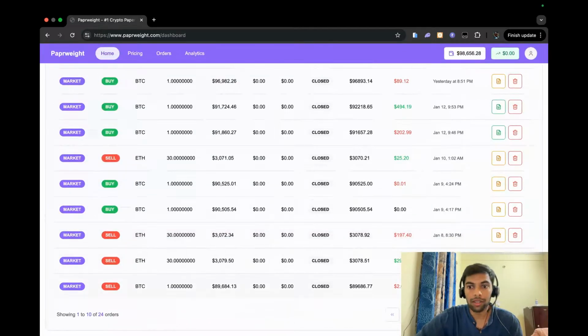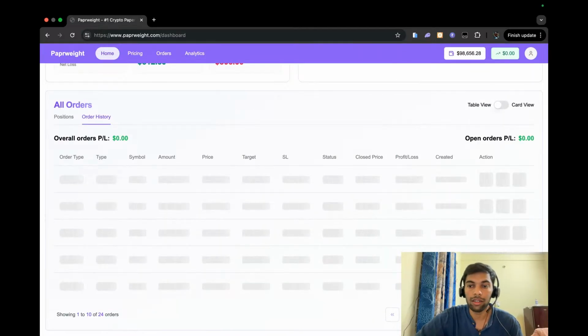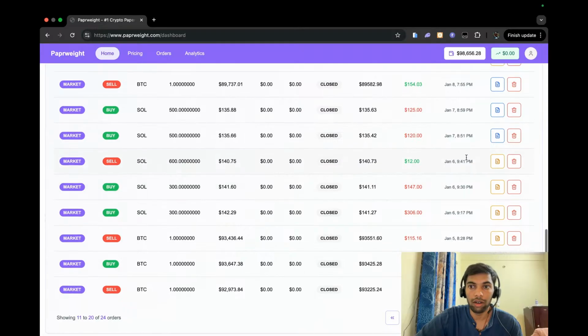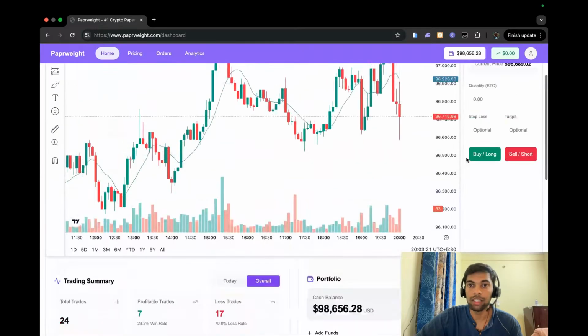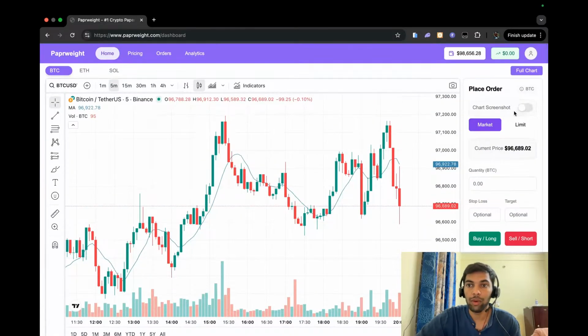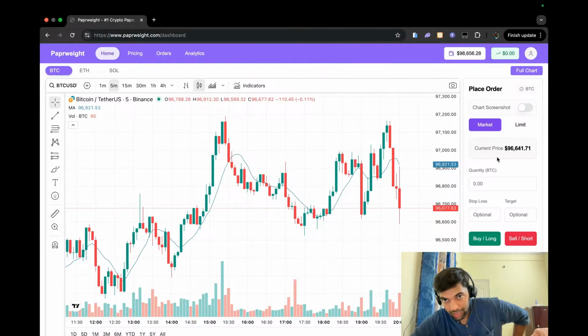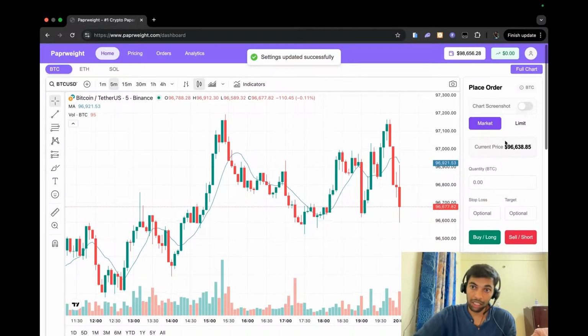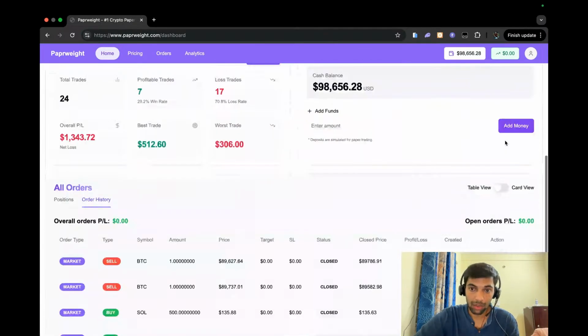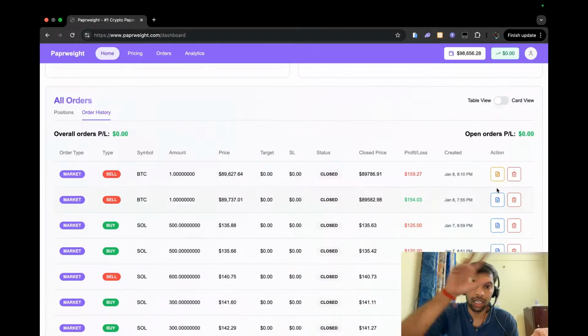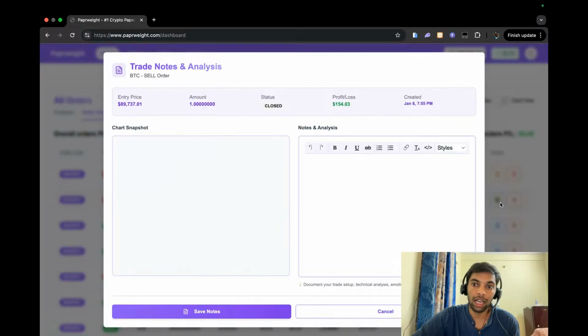So this is how you can track your trades. And there's one more feature that I included: a chart screenshot. Whenever you're punching the trade, if this is enabled, what will happen? Right now I'm disabling it. If it is enabled, then as soon as you punch the trade, it will capture the entire chart screenshot. So this blue adding notes will tell you the same thing.